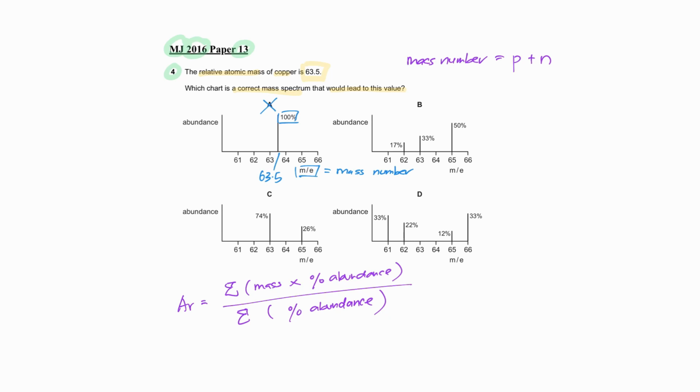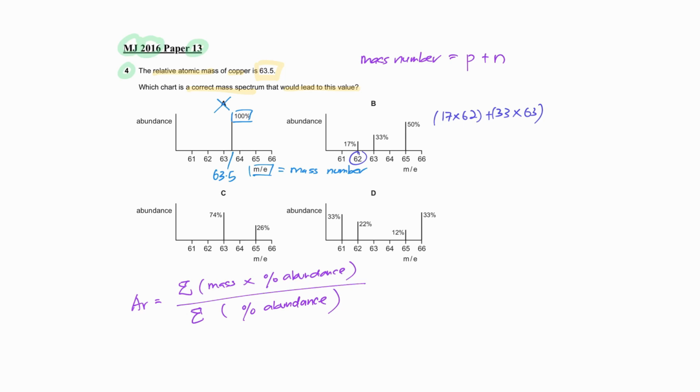So what we have here is 17 times 62, plus 33 times 63, plus 50 times 65, over the total abundance, where we have 17 plus 33 plus 50.